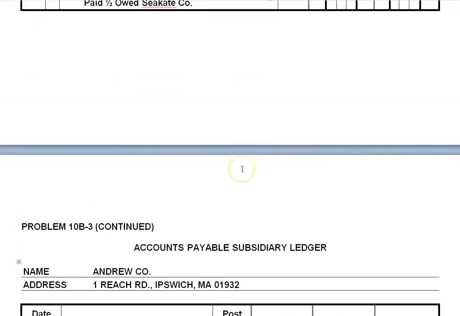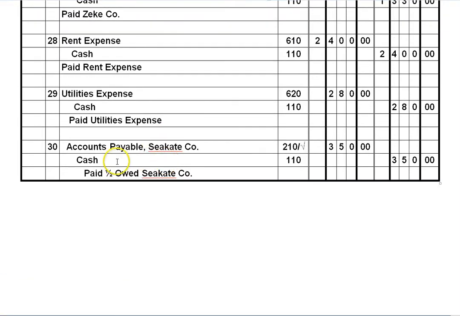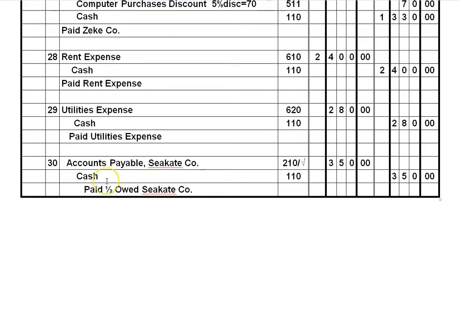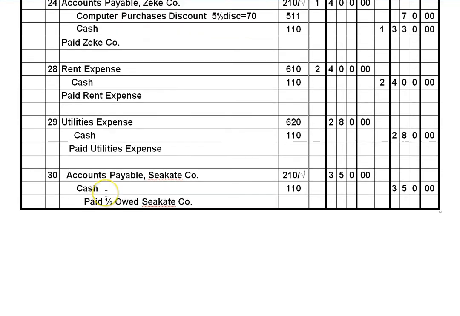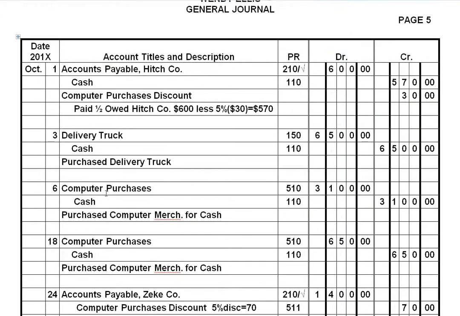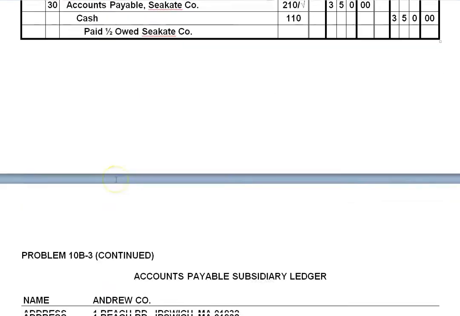I believe the problem here is we don't get any discount on this, because even if we paid the whole thing, this is an old account, so we lose any discount that we might otherwise have been entitled to take. Okay, so there is your problem.